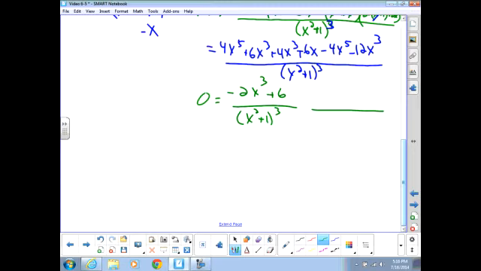We have to set the numerator equal to 0, because the numerator is what makes a fraction equal to 0. We'll get negative 2x equals negative 6. That's x cubed equals 3. So x will equal the cubed root of 3.